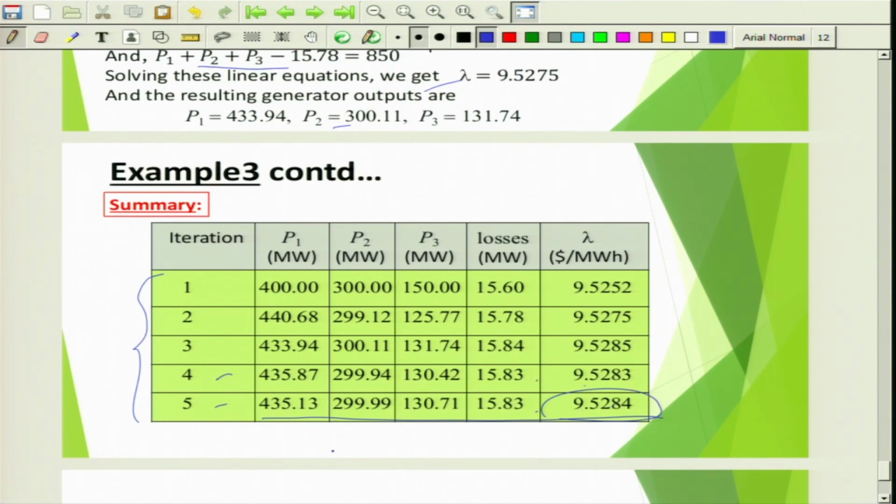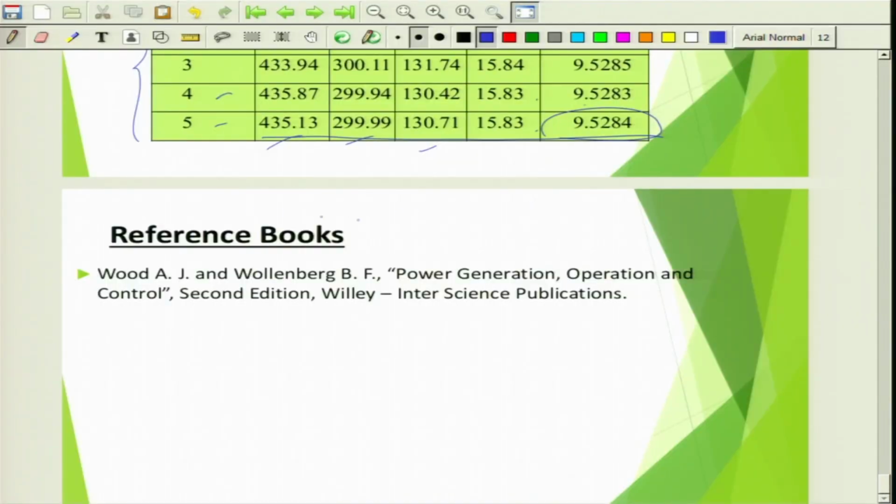You can keep on doing it to get an even more accurate one, but the error is almost 0.001 or something like that. You can consider this to be the most optimal combination of the generators, which will make the summation of generation equal to total load plus losses, and that's it. This is the reference book.